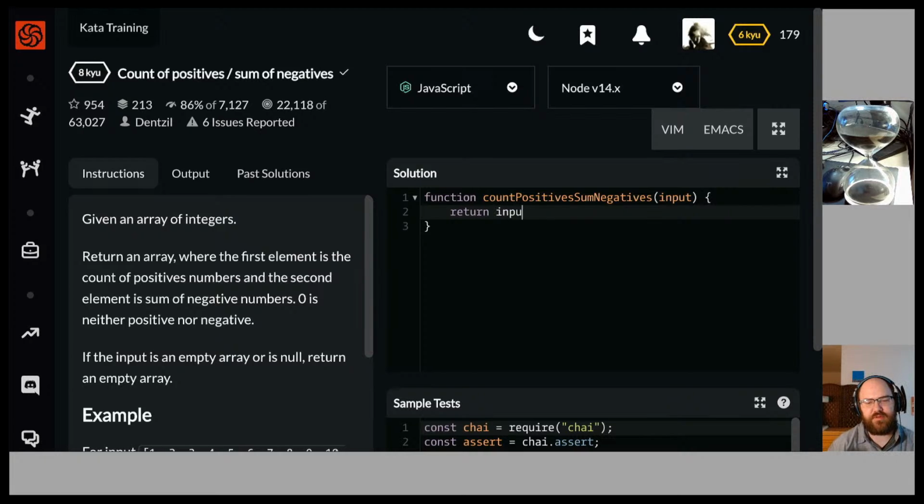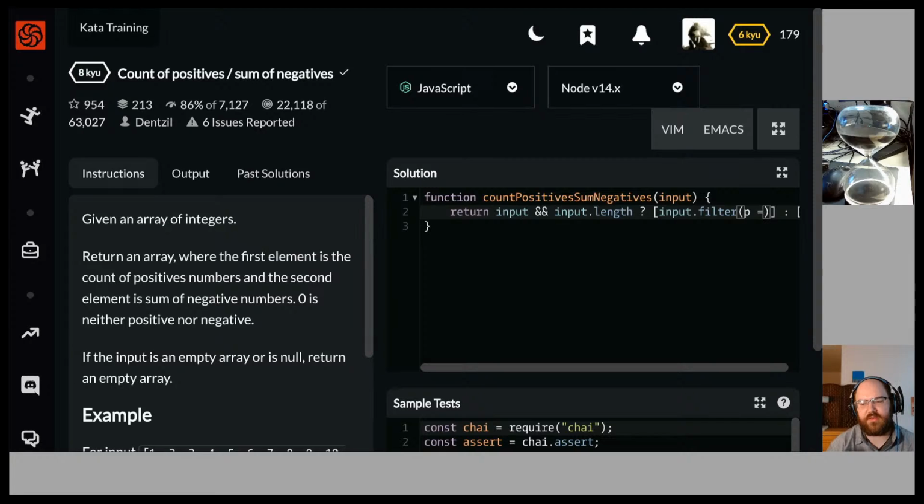Return input and input.length question mark something colon empty array, and the something was an array with input.filter p going to p greater than 0 dot length.